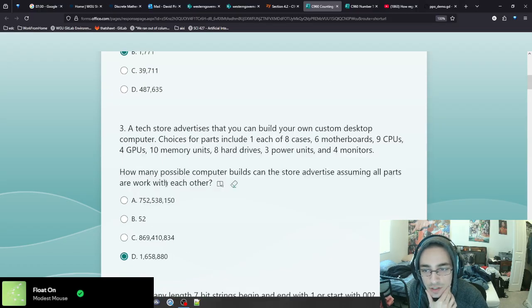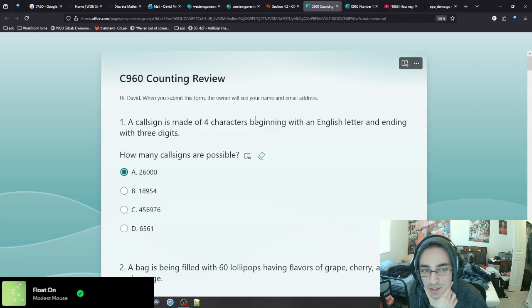There was a similar question earlier, and I solved this one by multiplying 26 times 10 to the 3, right?